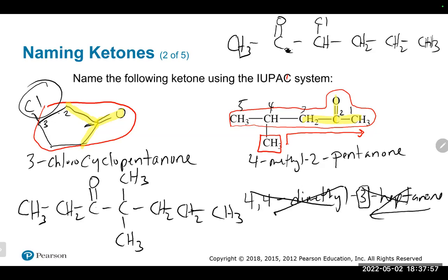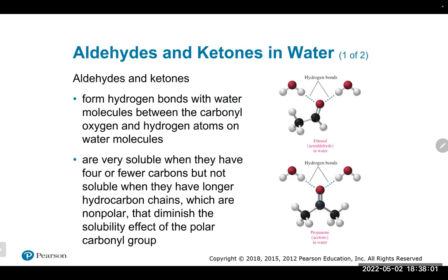Other questions? Okay. So let's talk a little bit about aldehydes and ketones in water and their solubility. They can't hydrogen bond with themselves because they lack the hydrogen. But because they have that polar carbonyl group, where this guy's more negative and this guy's more positive, when you have water floating around, it is negative and positive.